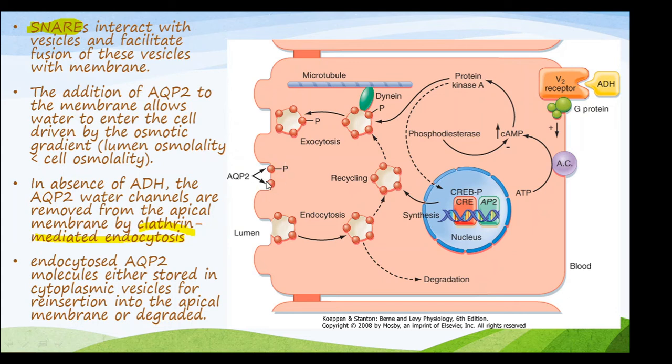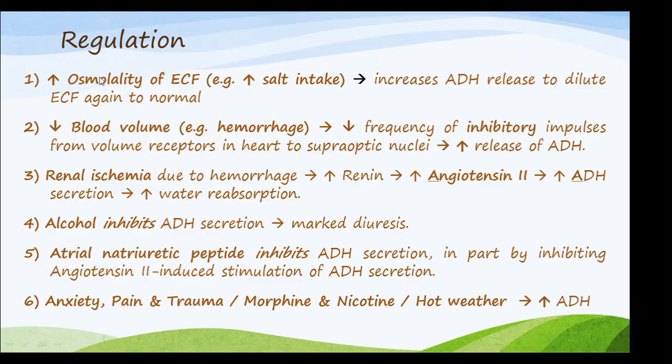It fuses with the cell membrane, and after the water reabsorption has been completed, it can again be endocytosed into the cell, where it can be recycled or go for degradation. So, regulation: increased osmolality of extracellular fluid, for example increased salt intake, increases ADH release to dilute the ECF back to normal.